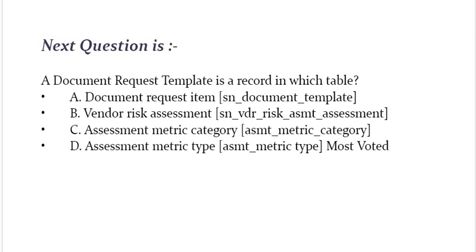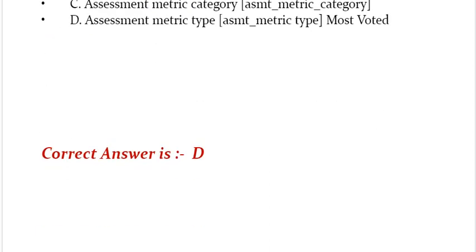Option C, assessment metric category ASMT underscore metric underscore category. Option D, assessment metric type ASMT underscore metric type. Correct answer is option D.